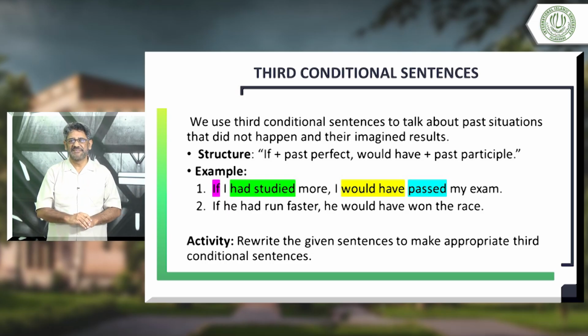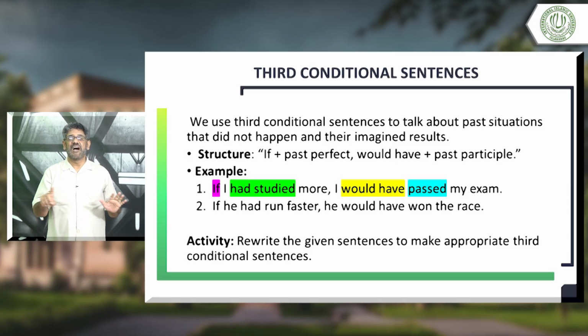Does it look funny? Now say, if I had studied more, I would have passed my exam. What is this sentence telling you? If I had studied more, I would have passed my exam. This means in the past I did not study and I did not pass my exam.